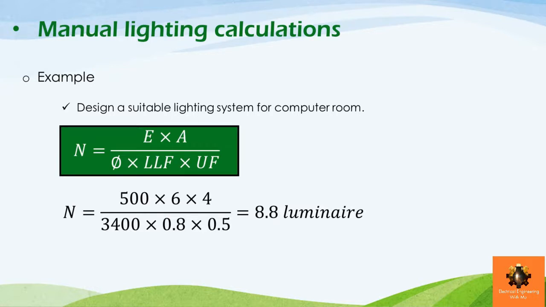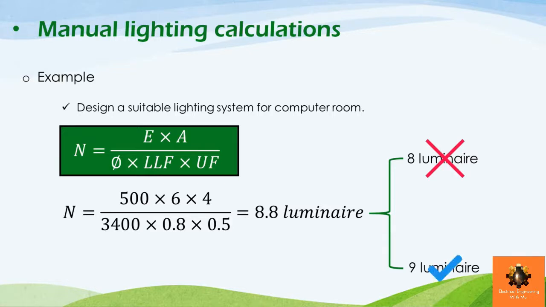But as the number of luminaires must be an integer, not a float, we need to select the number of luminaires to be 8 luminaires or 9 luminaires. And here we say that 8 luminaires will be a wrong selection, as this is the lower number, so it will give us a lower amount of light than required.